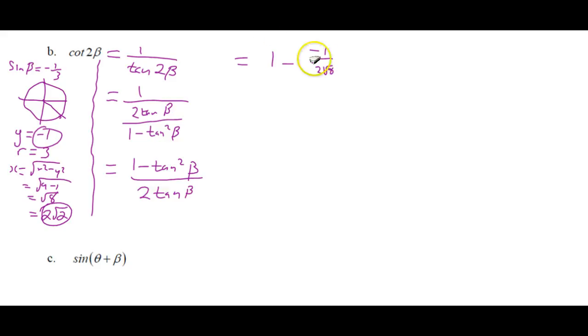Let's call it negative 1 over root 8, because we're going to be squaring it: negative 1 over root 8 squared. And on the bottom, we've got 2 times negative 1 over 2 root 2, because these 2's are going to cancel.